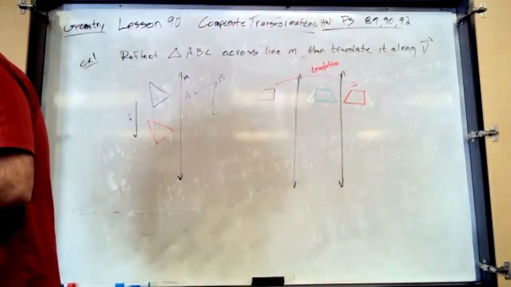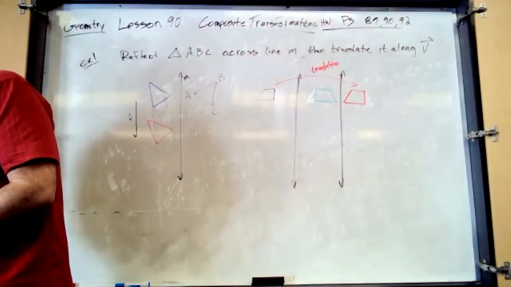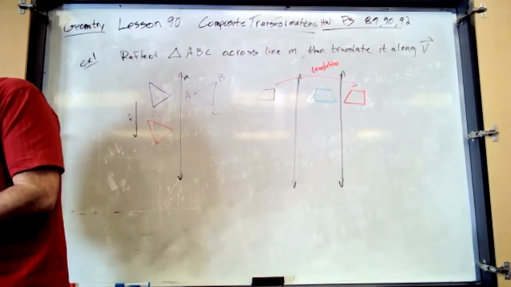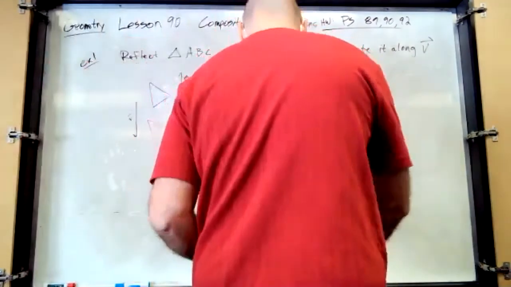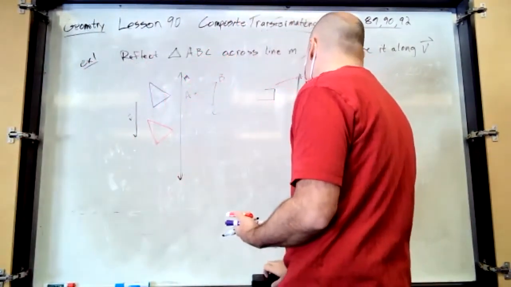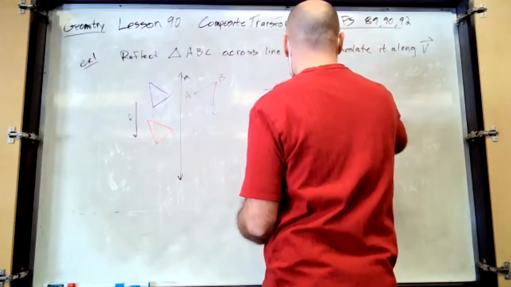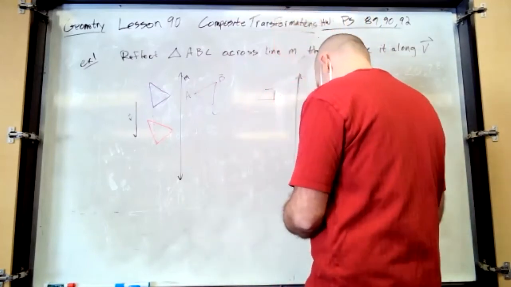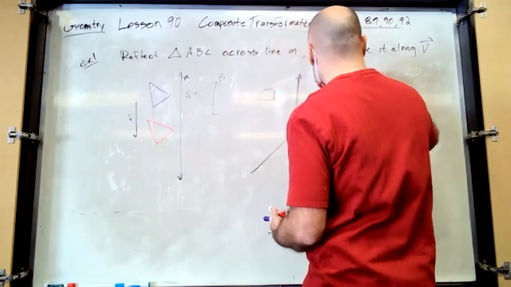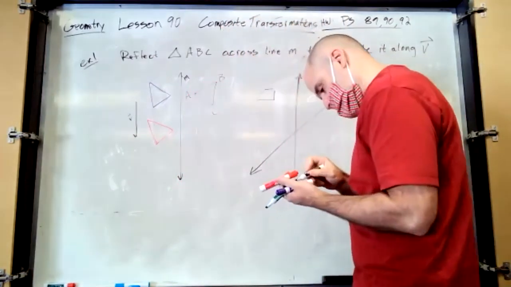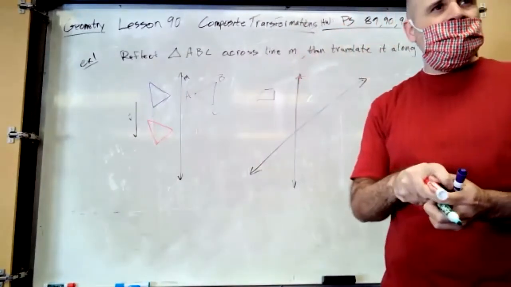Okay. All right, now look at this. Two reflections across two intersecting lines result in a rotation. So now let's say that these are not parallel lines, but they're intersecting lines. Okay, watch this. Okay, let's reflect it.